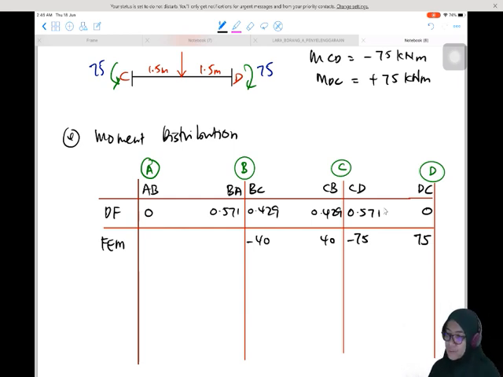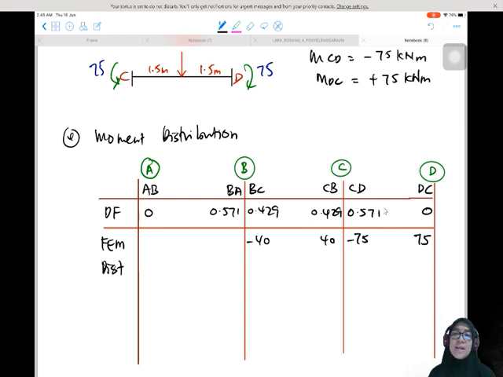Okay, so we will continue with the first distribution in the system. In the table we will start with distribution. Remember, I have shown previously that to calculate the moment, we have to find the total moment at the joint, and we multiply it with the distribution factor.